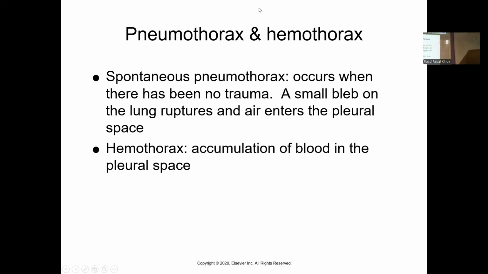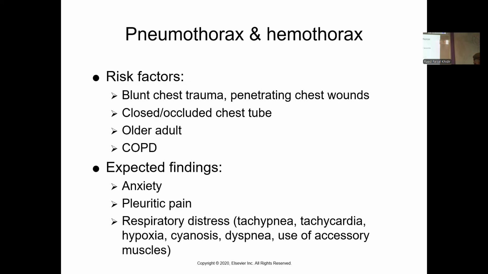So you have spontaneous pneumothorax. It occurs when there has been no trauma or there's a small bleb on the lung that ruptures and air enters the pleural space, and there's a hemothorax. In hemothorax, there's accumulation of blood in the pleural space.